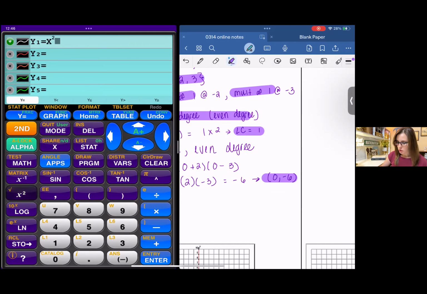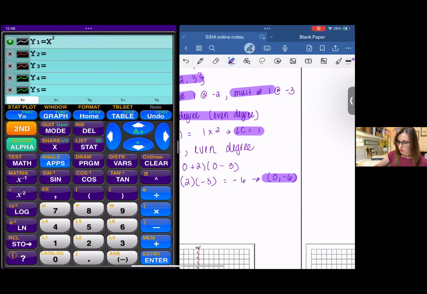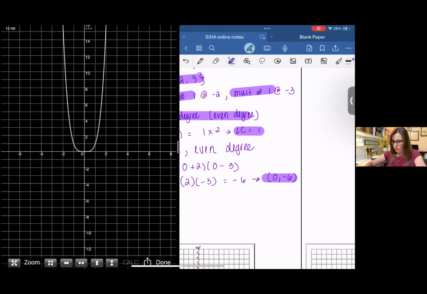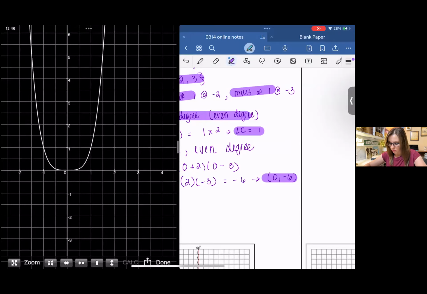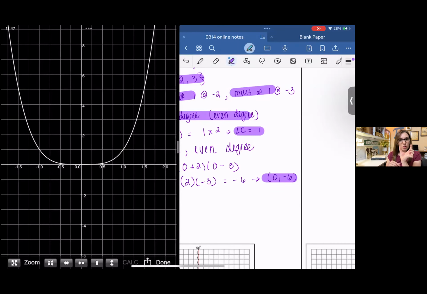So if I do x squared and hit graph, you can see that's a U-shaped graph. And then if I do x to the 4th, hit graph, it looks a little funny down here. That's okay. You get the point. We're looking at the end behavior. It's also, both ends are up.